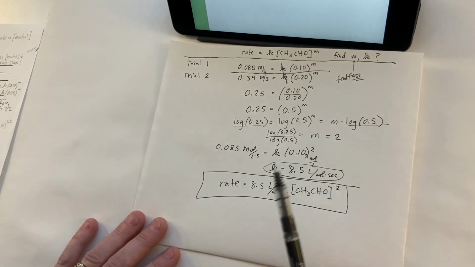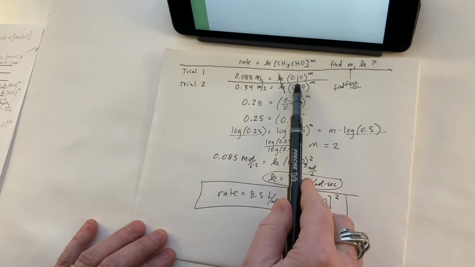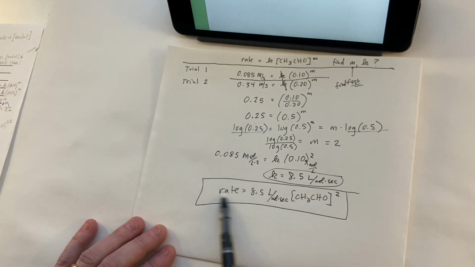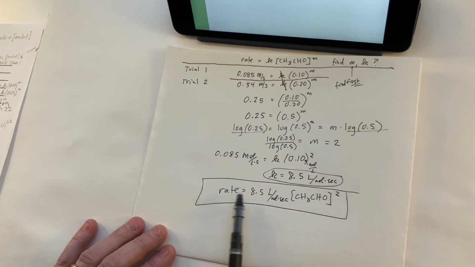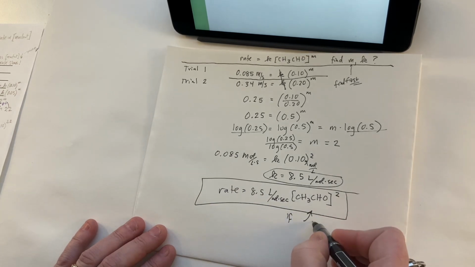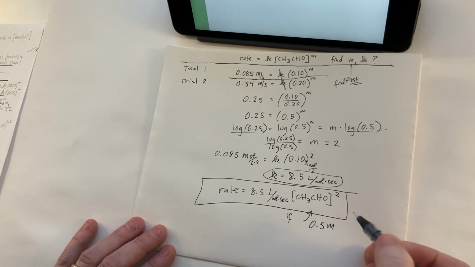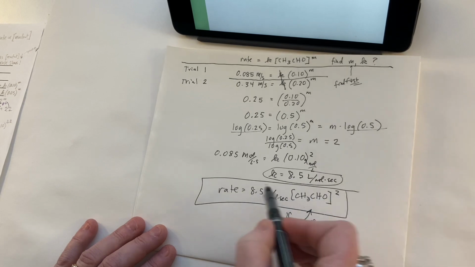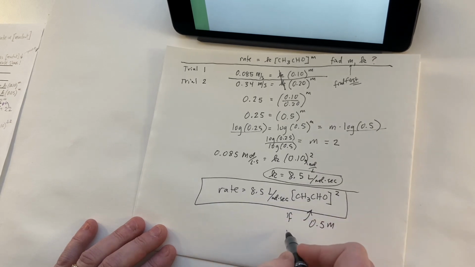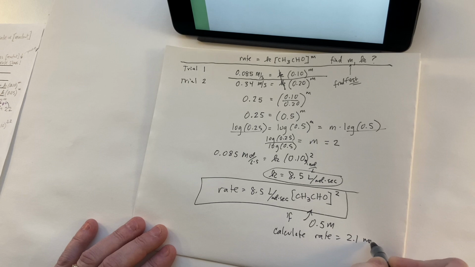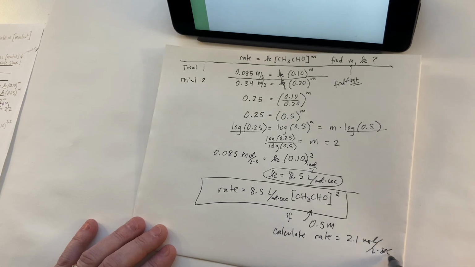Let's take this and say, okay, for our data, we started with concentrations of 0.1 and 0.2 molar. What if we wanted to know what the rate is? Let's predict the rate if you start out with a concentration of 0.5 molar. So if the concentration is 0.5 molar, then you just square that, multiply by your 8.5, and then you calculate that the rate predicted is 2.1 mole per liter per second.